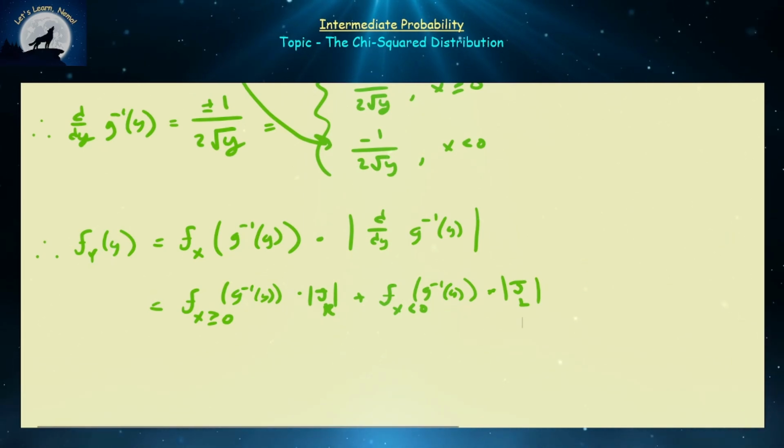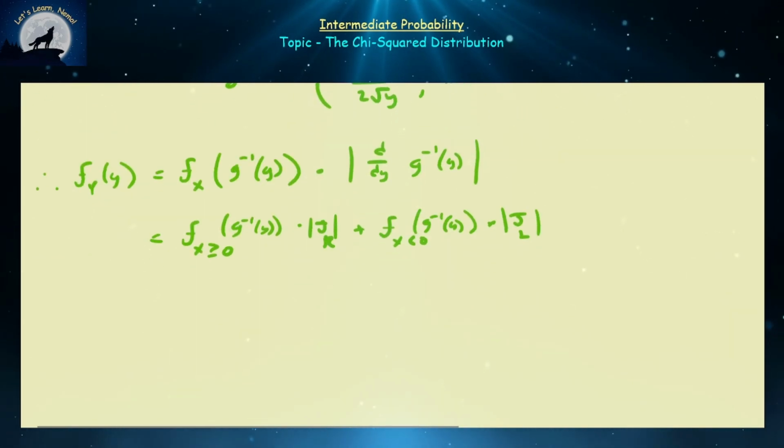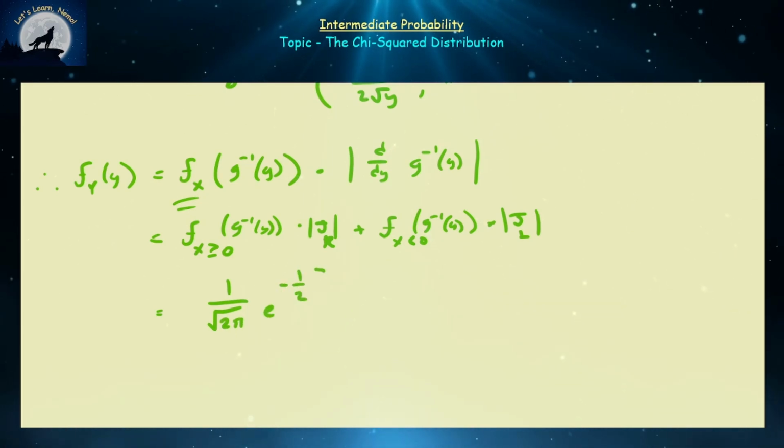Now, the absolute value of this particular object is going to be the exact same thing, so we have a symmetric Jacobian. Also, when we plug this into the probability density function for x, when you take a plus or minus and you square it, you still get the same exact number. The probability density function of x is a standard normal, so it's 1 over the square root of 2 pi times e to the minus 1/2 x squared, but x is going to be the square root of plus or minus y.